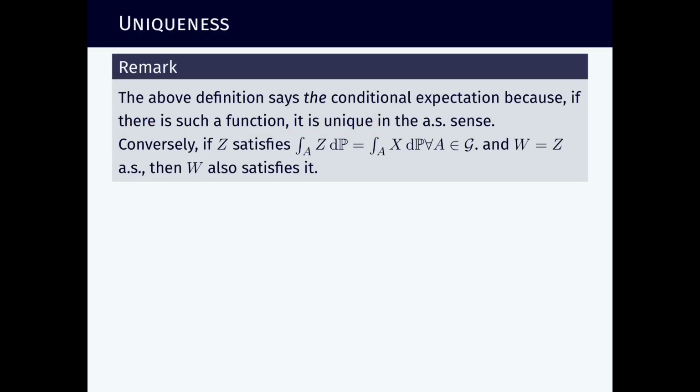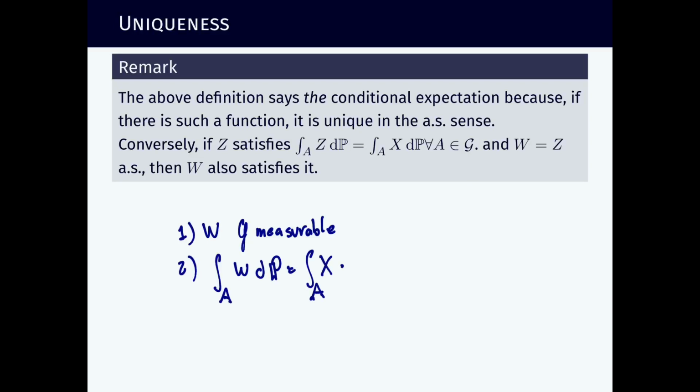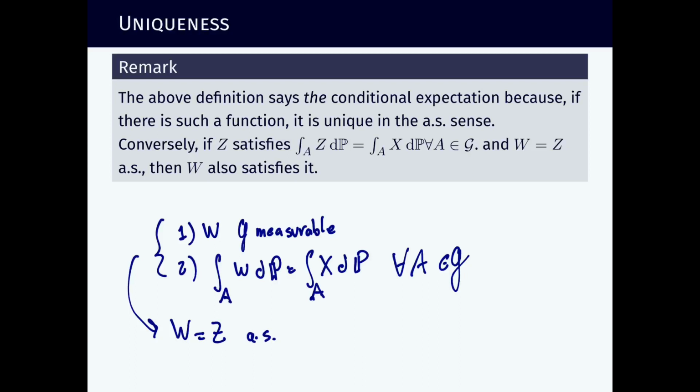Meaning if we have another random variable W such that W is G measurable and also W satisfies these two conditions, then W has to be equal to Z almost everywhere, or almost surely, because this is a probability space.